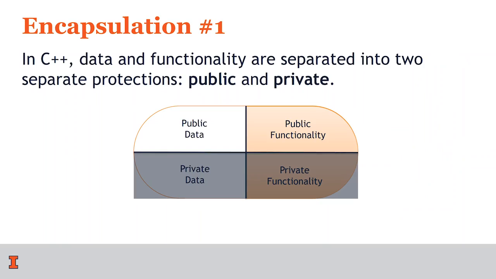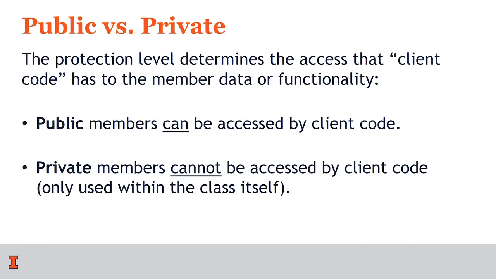I mentioned private member data as opposed to just member data, and the one thing that we missed in the pill earlier is that the pill is both divided into functionality and data as well as into protection layers, both private data and public data, private functionality and public functionality. These layers of protection determine who can access what elements of our class. When we have data that's public, that data can be accessed by anyone.